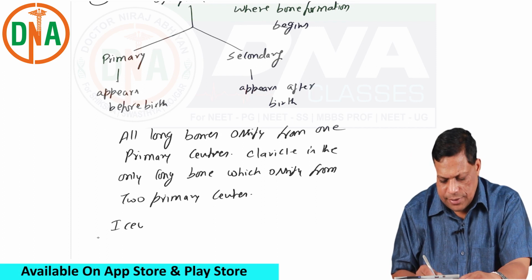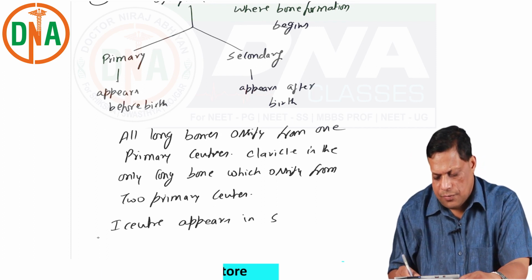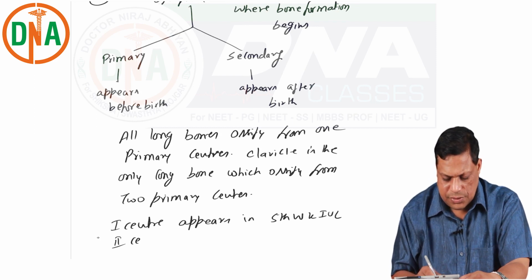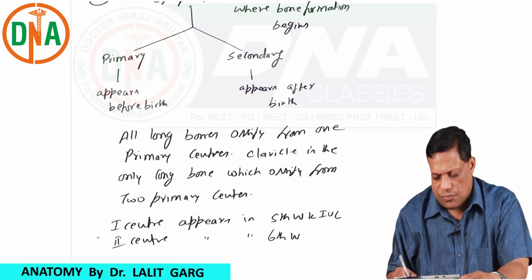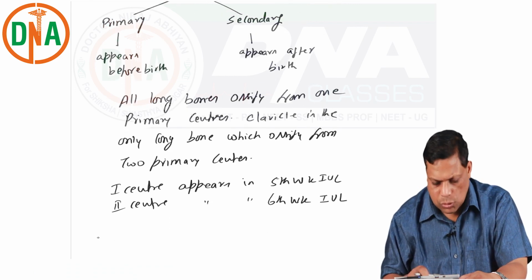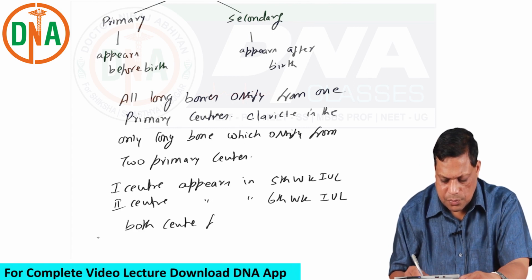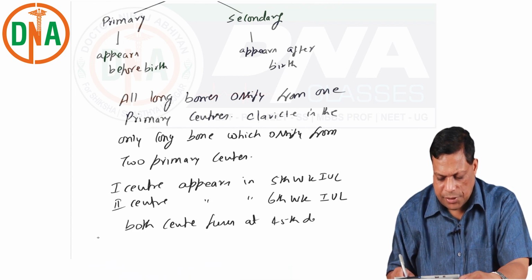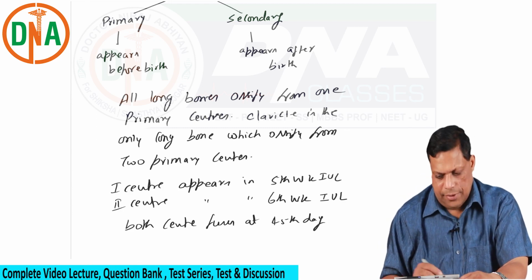The first center appears in the 5th week of intrauterine life. The second center appears in the 6th week of intrauterine life. And both centers fuse at the 45th day of intrauterine life.